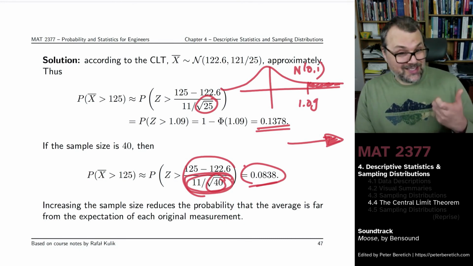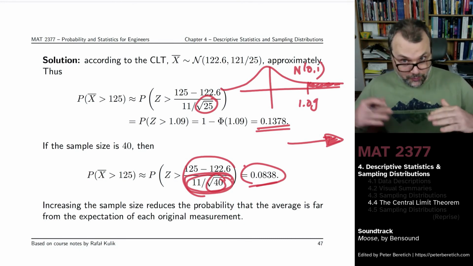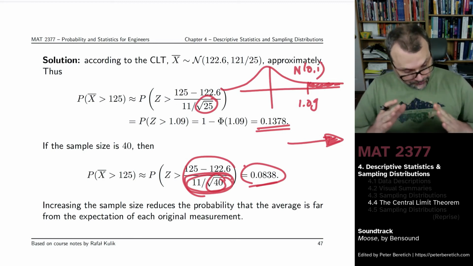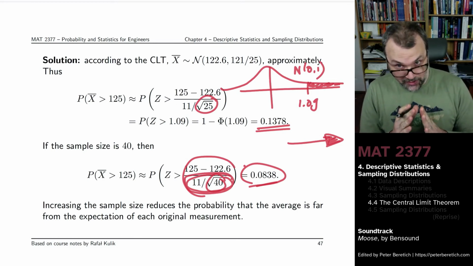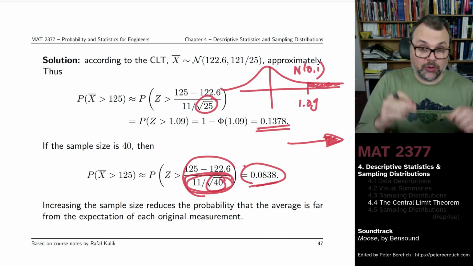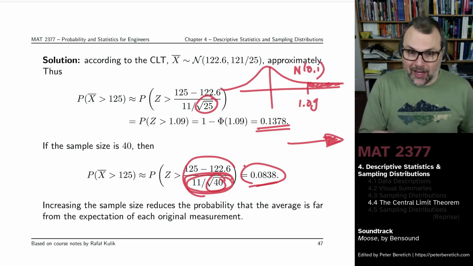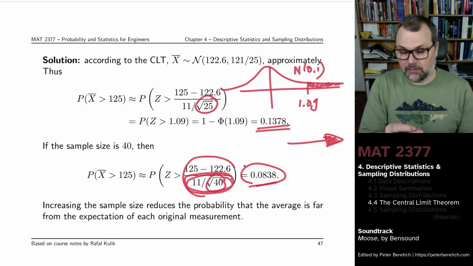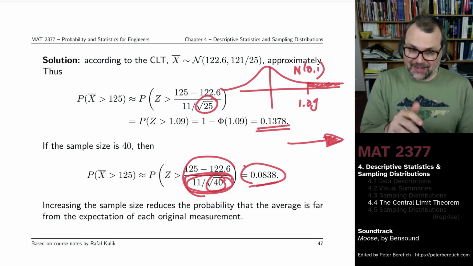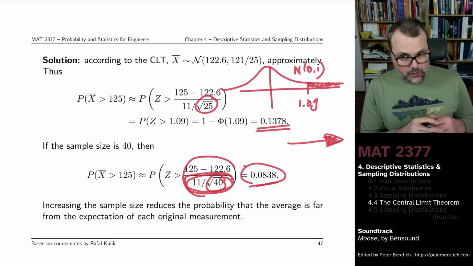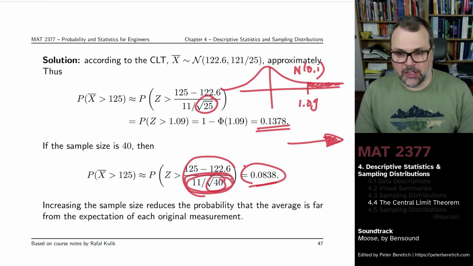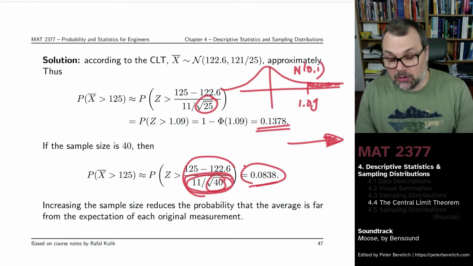When you increase the sample size, remember you are reducing or restricting the width of the normal distribution that describes how the sample means behave. So the probability that the average in one cohort would be far from the expectation would be small, right?